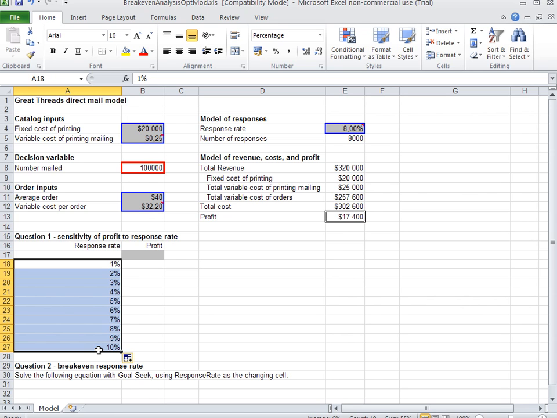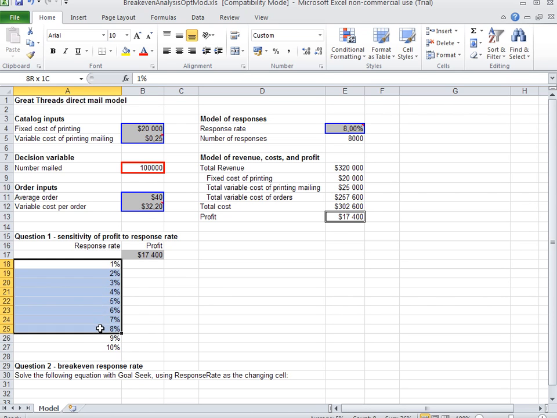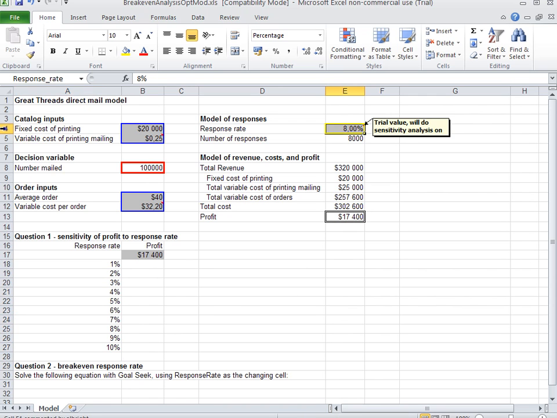Okay, so what we want to see is what is the profit. So we just write equals profit in that gray cell. And what we're going to do now is run something that's called data table, and that will substitute these percentages into our cell E4.